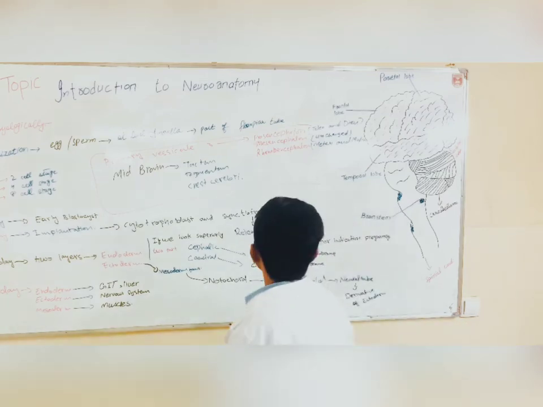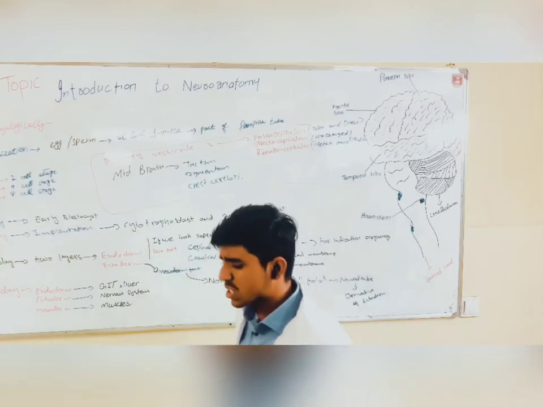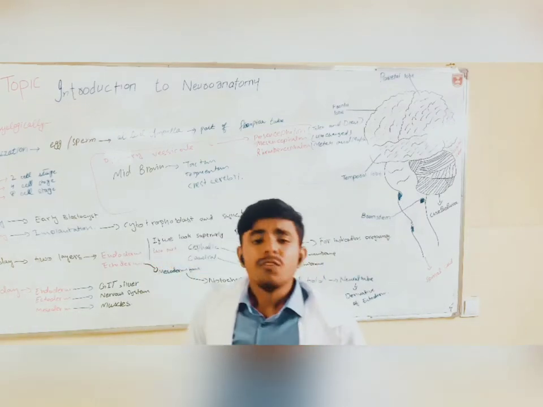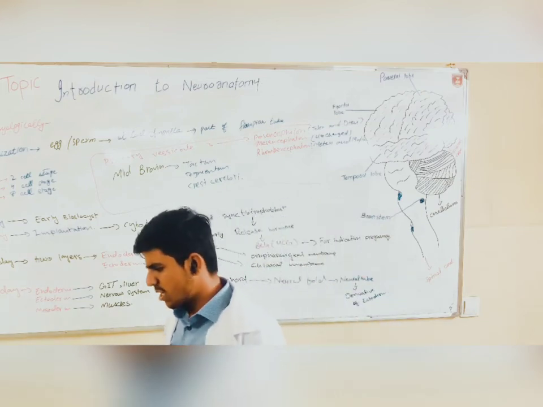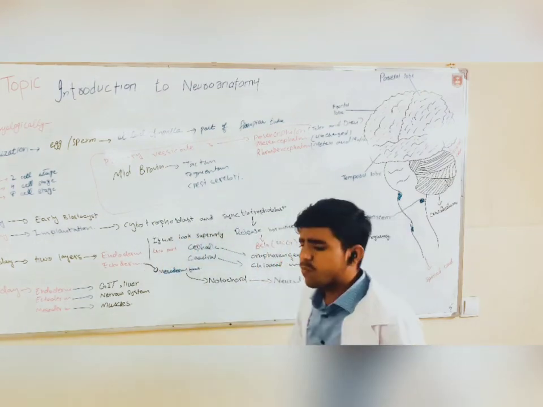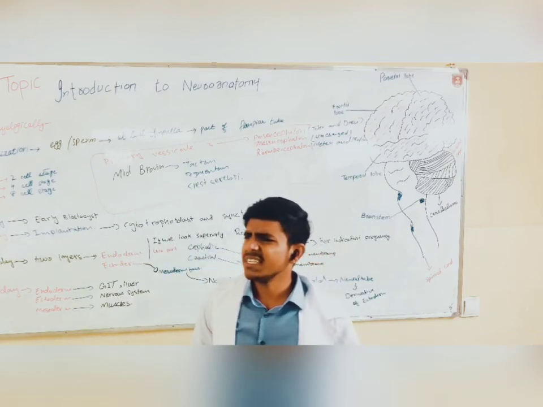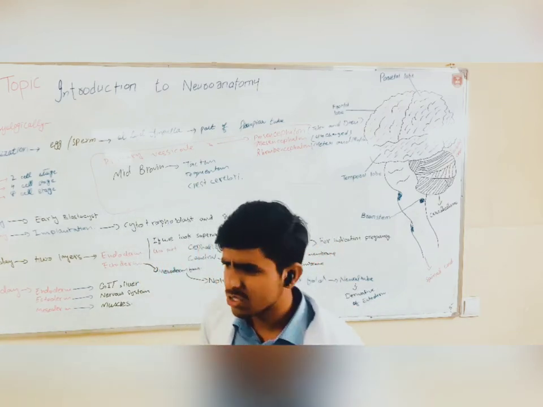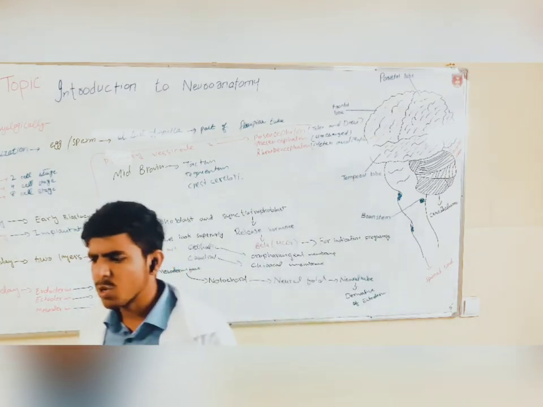Furthermore, we discuss about the rhombencephalon, which consists of two secondary vesicles. First of all, we discuss about pons. Pons has two parts: anterior part and posterior part. Posterior part of pons makes the fourth ventricle, and through the anterior part ascending and descending fibers pass. Then we have myelencephalon, which is also known as medulla oblongata.